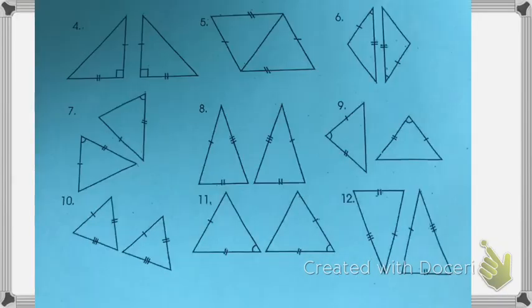For our last ones, 7 through 12: single, double, angle, angle. However, this one is between, this one is not, so not congruent. Okay? Number 8, single, double, triple, SSS. Single, double, between, yep, SAS.